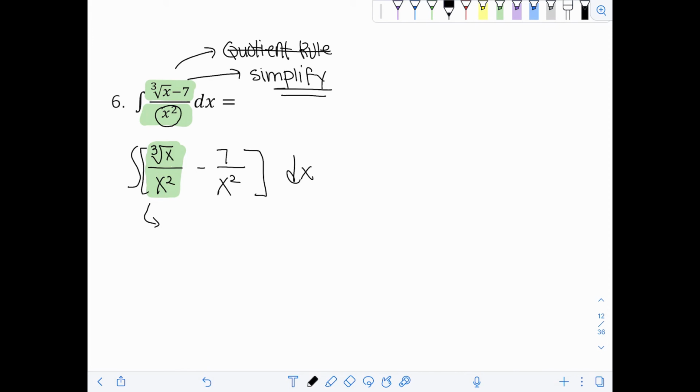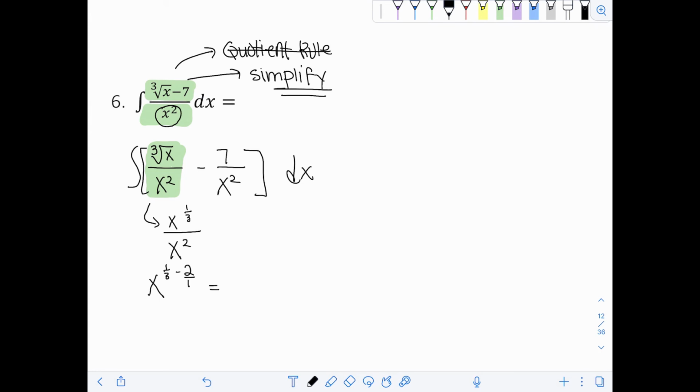So cube root of x is the same thing as x to the 1/3. A rule for exponents is that if you have a division like x to the something over x to the something, you can subtract the exponents. So this is nothing to do with differentiation. This is only an exponent rule from algebra.